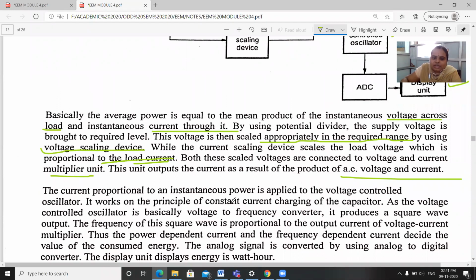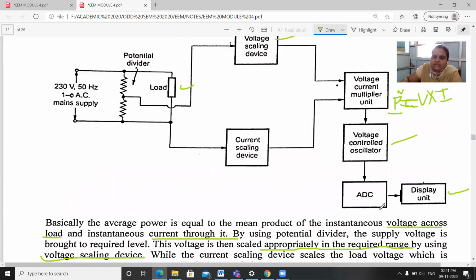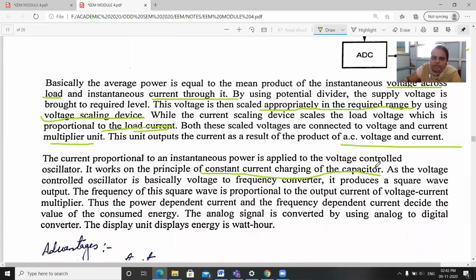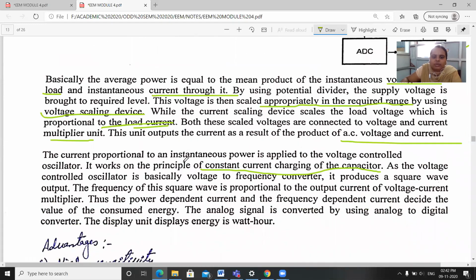Then it works on the principle of constant current charging of the capacitor. Our voltage controlled oscillator works on the principle of constant current charging of the capacitor. The voltage controlled oscillator is basically a voltage to frequency converter, correct?